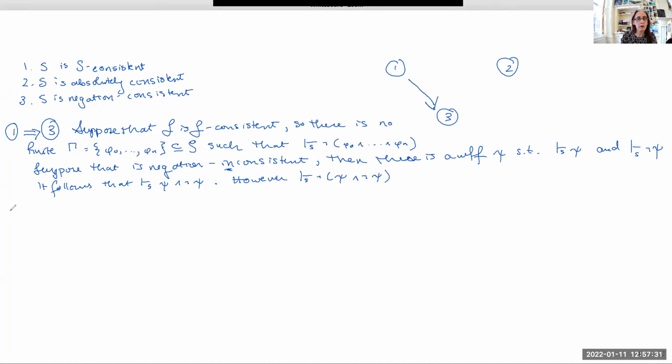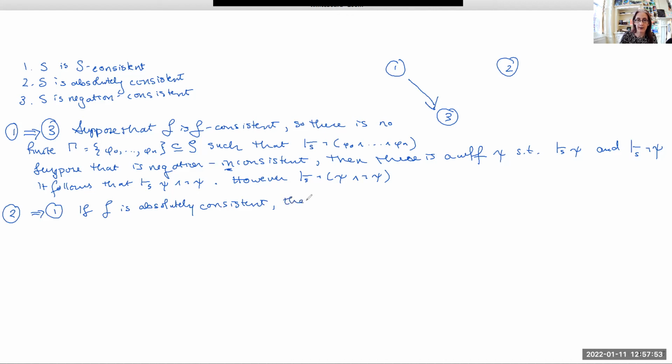Now I'm going to show that absolute consistency implies S consistency. If you've got a system S which is absolutely consistent, that means there is at least one formula that it doesn't prove.